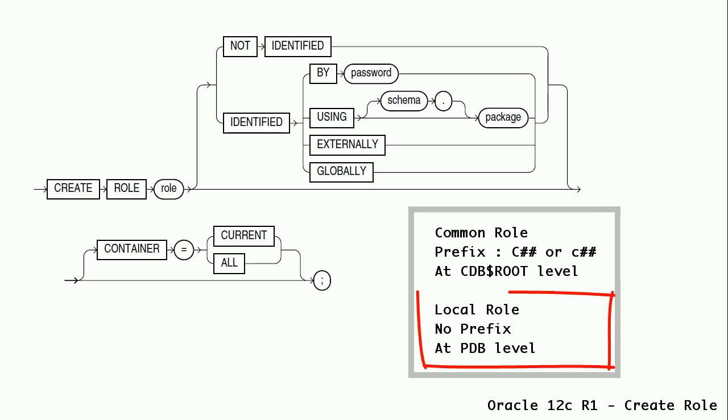To create a local role, we have to connect to a pluggable database. For local roles, we don't have to prefix any special symbols to the role name and we have to specify container equal to current. With Oracle 12c Release 1, we cannot specify the container name in this syntax.